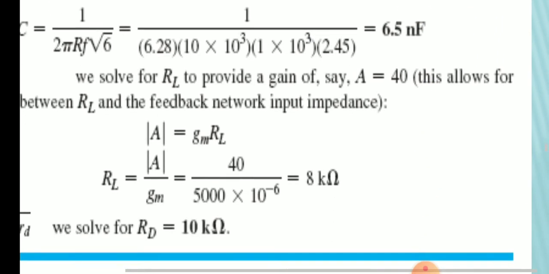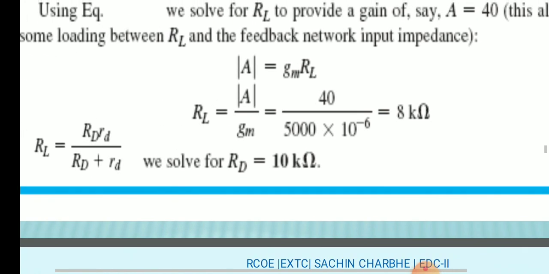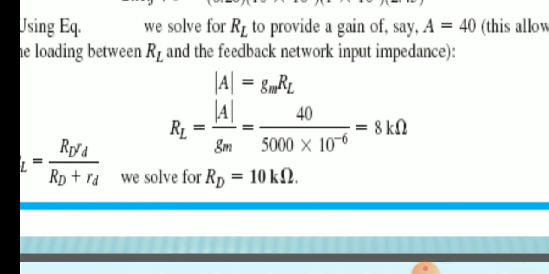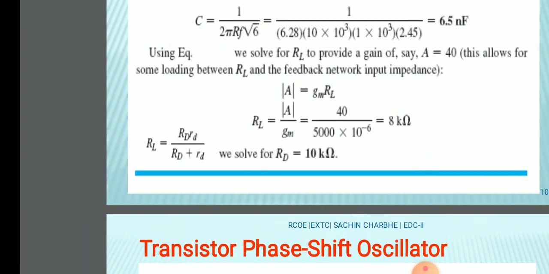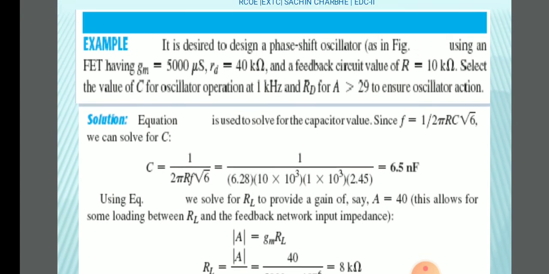Using that we have to calculate the capital RL. If you know RL, then we can calculate the gain, GM into RL. So we will get RL equals 8 kilo ohm. In this way you can solve the design numerical of the RC phase shift oscillators.